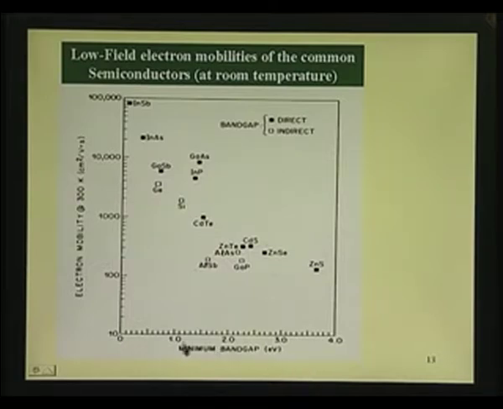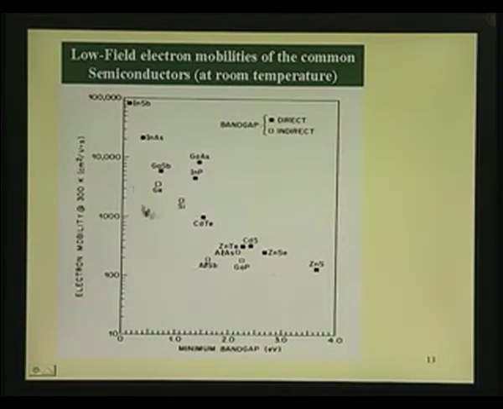For example, silicon, you see, it is here, that is silicon, that arrow there is showing you the silicon, and you can see the band gap is about 1.1 electron volts, and the mobility is about 1500. Okay. You can see germanium band gap is 0.72 and mobility is about 3000, 3600 to be specific.